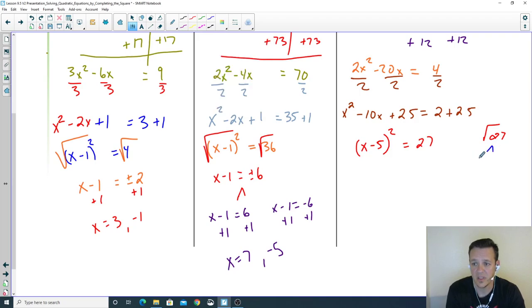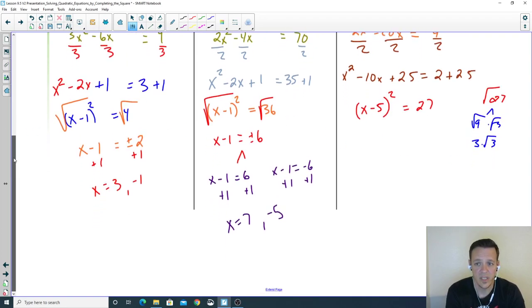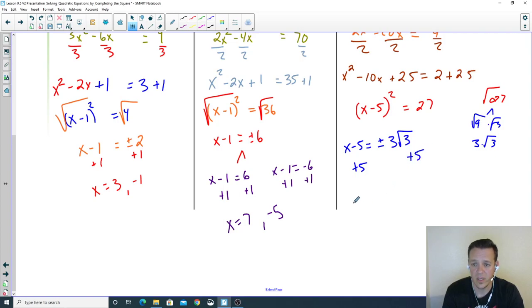Remember, you can split this to 9 times 3, which would end up being 3 times the square root of 3, right? So knowing the answer down here, this is going to be x minus 5 equals plus or minus 3 square root of 3. Then you would add 5 to both sides, and your answer would end up being plus or minus 3 square root of 3 plus 5.